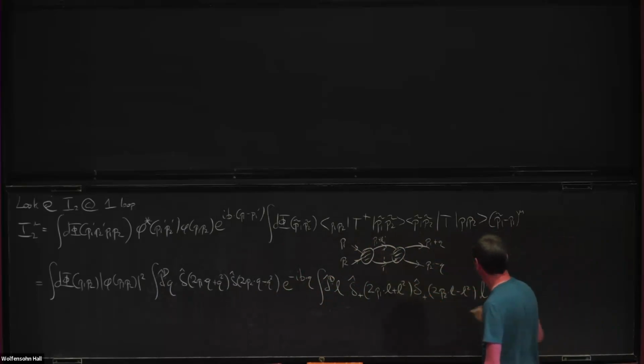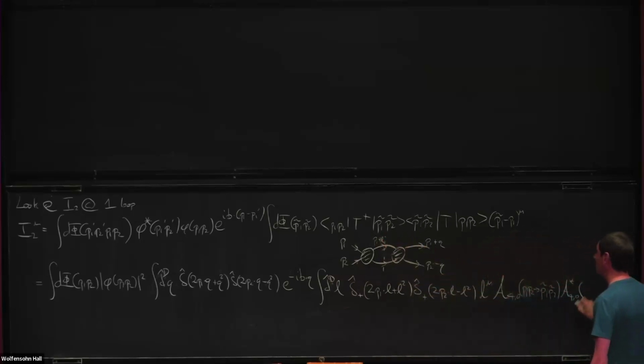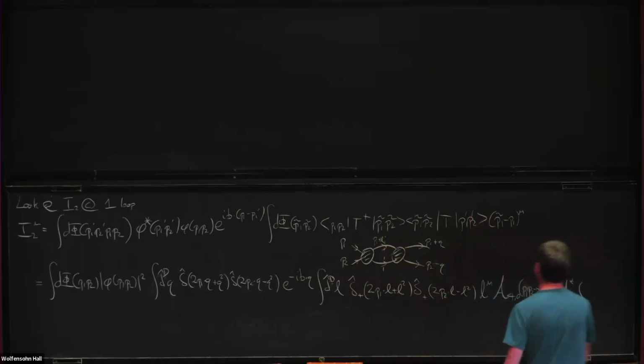And then we have 2 tree amplitudes. So there'll be the tree amplitude P1, P2 to P tilde 1, P tilde 2, and the conjugate tree amplitude going the other way. Sorry, that should have been P1 prime, I guess. No, yeah, it's on the other side.